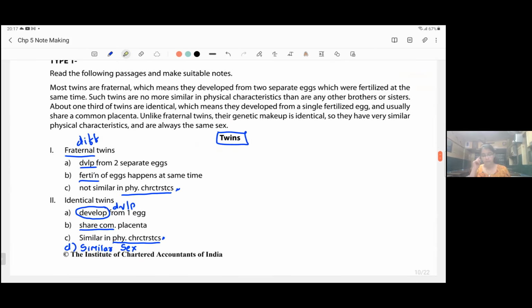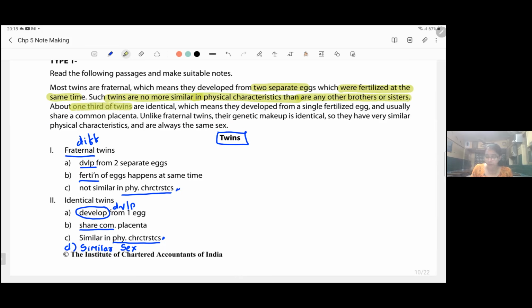See this, here an example is given. Most twins are fraternal, which means they develop from two separate eggs which were fertilized at the same time. Such twins are no more similar in physical characteristics than other brothers and sisters.